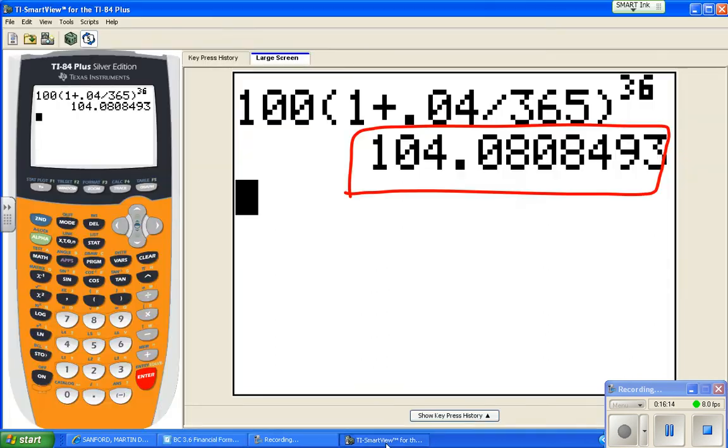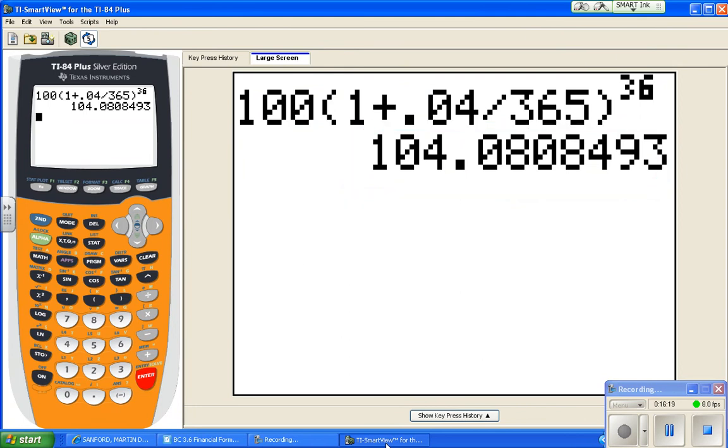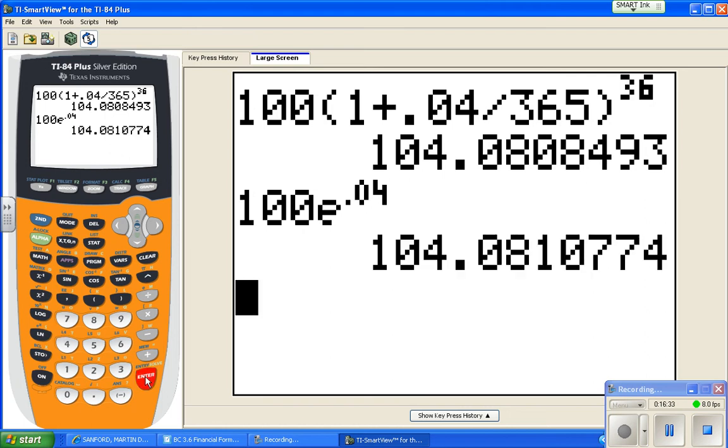100 times E to the, okay, let me get rid of this. Well, I have an E to the button. If I just do a second ln, it's E to a power already. 0.04 times 1, I don't really need the times 1. 104.081. Well, this is actually slightly better.